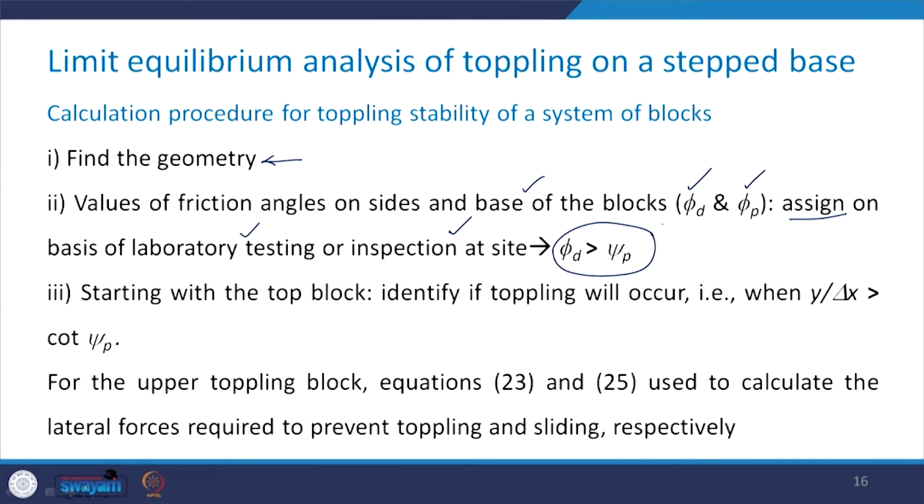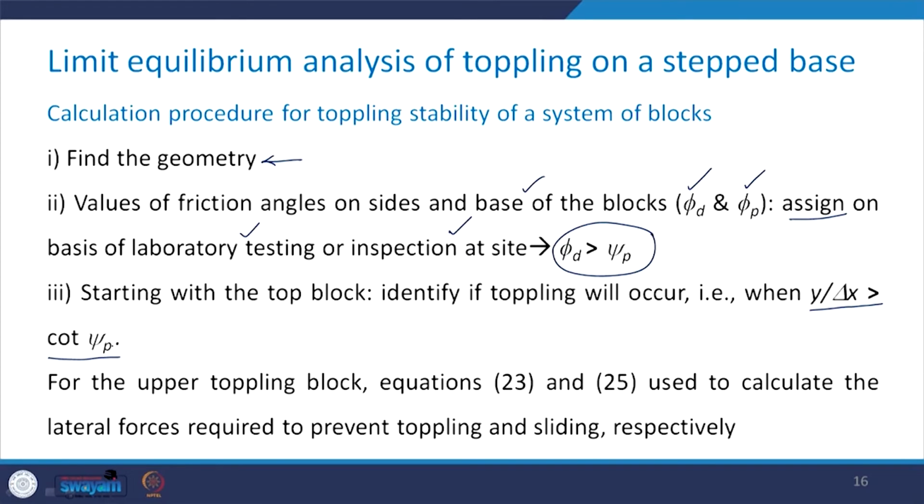Then we will start with the top block and identify if the toppling will occur or not. The toppling will occur when the condition y upon delta x greater than cot of psi p is true. This we have seen when we were discussing the kinematic analysis of the toppling failure.